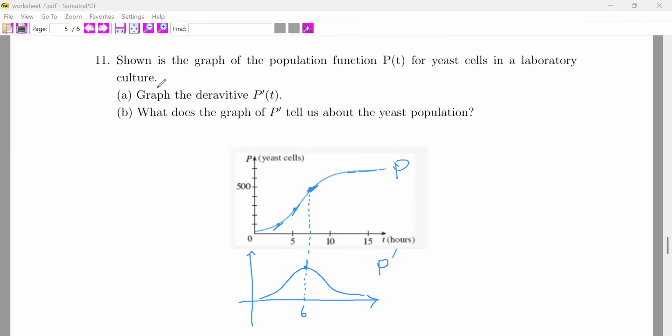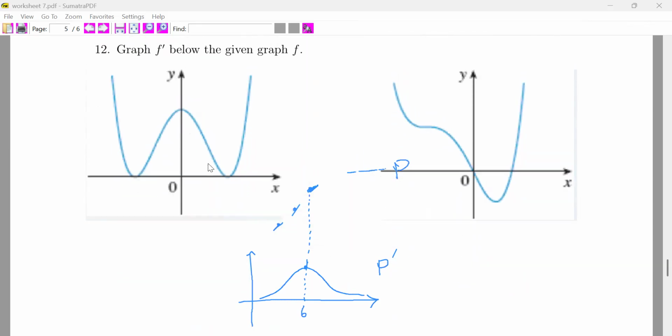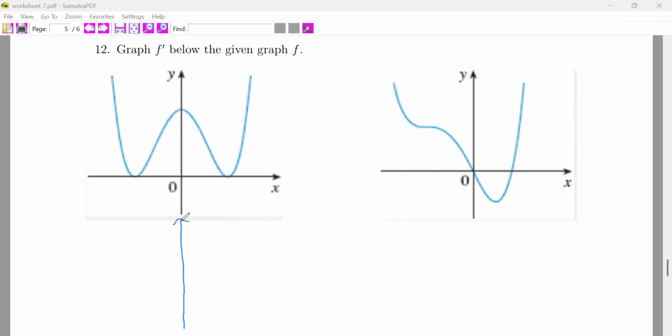Let's move on to the next one. Graph f prime below the given graph. So for the first one, if we want to draw f prime, we would see that we have horizontal line here, here, and here.